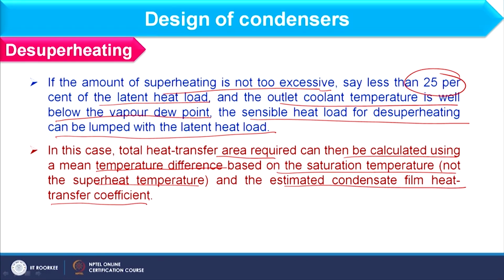So, you should consider the total heat load which includes latent heat as well as heat of de-superheating. We have to find out the mean temperature difference of saturation condition, and then we have to estimate the heat transfer coefficient according to the condensation process. So, in this way we should account for de-superheating, and now we should focus on subcooling.